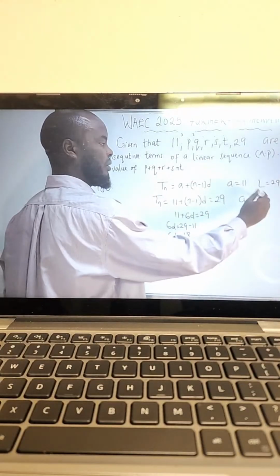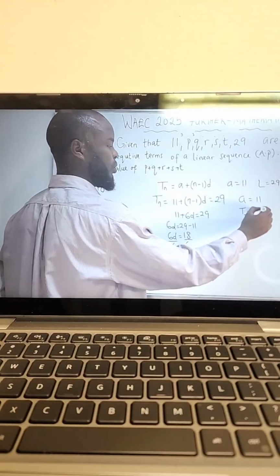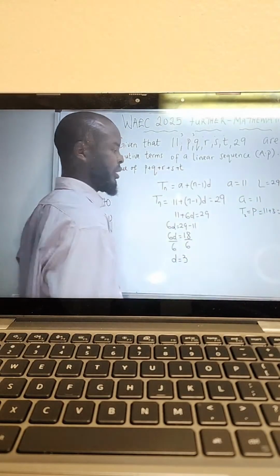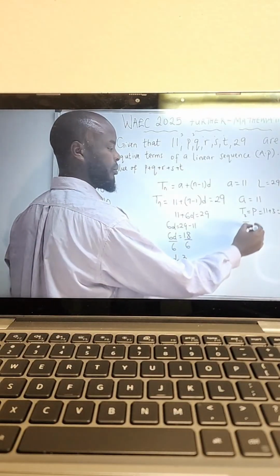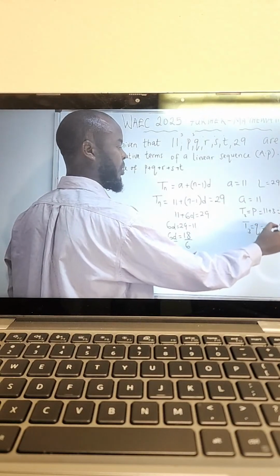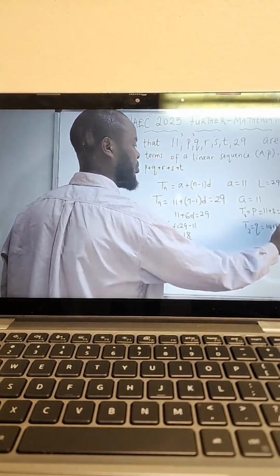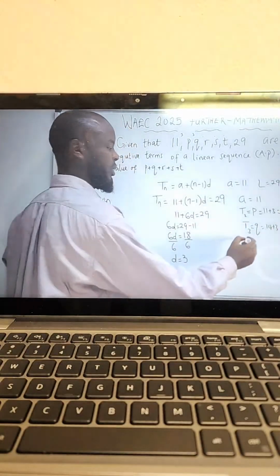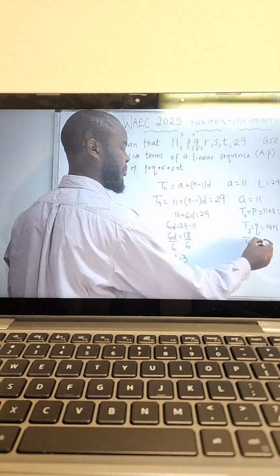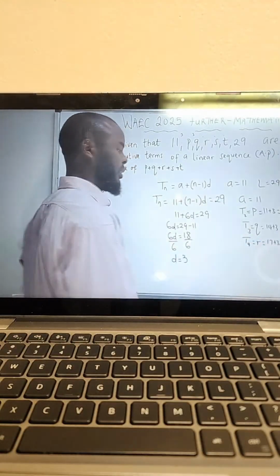So if the first term is 11, then our T2, which is the second term, the same thing as P, should be 11 plus 3, which is 14. Our third term, Q, should be 14 plus 3, the previous term plus the common difference, which is 17. Our T4, R, is 17 plus 3, which is 20.